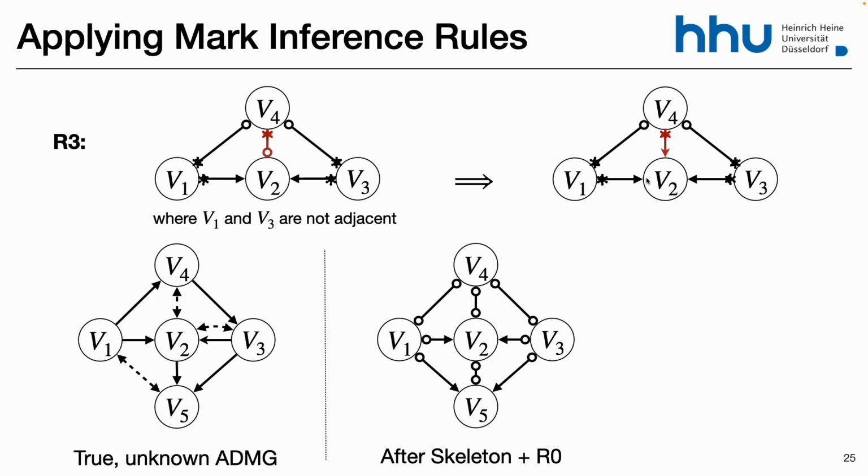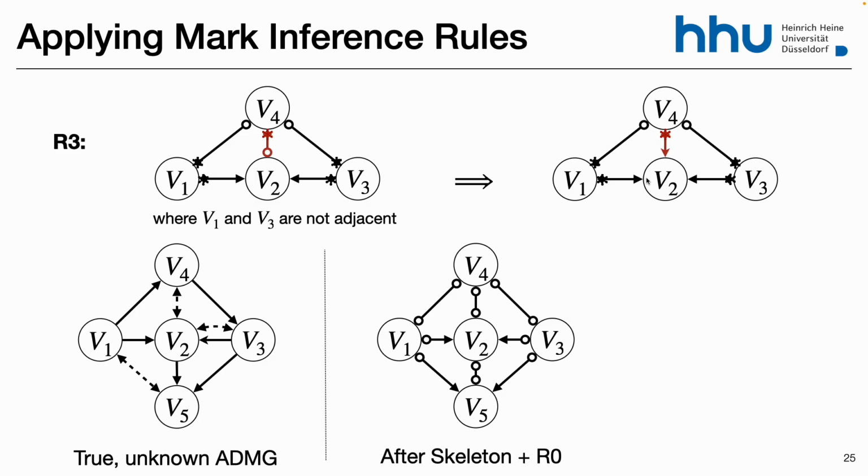What is that symbol? Anything. Yeah, this is like a wild mark. It doesn't matter what's there in the situation of the algorithm. That's why I put this asterisk. Because in the algorithm, you are applying rule 3 at some steps where maybe you already learned these edges. So that's the way that they define R3.